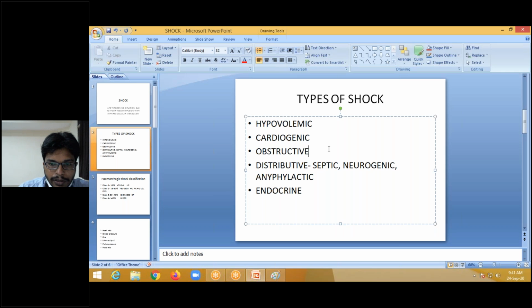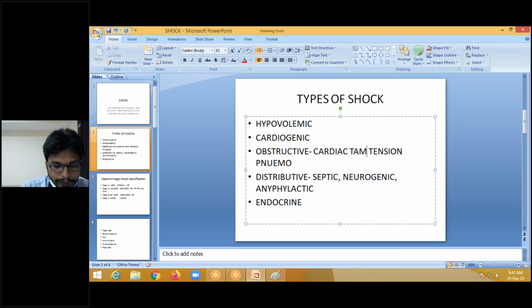And obstructive includes tension pneumothorax and mainly cardiac tamponade. Cardiogenic includes myocardial depression or post-myocardial infarction, post-MI maybe.